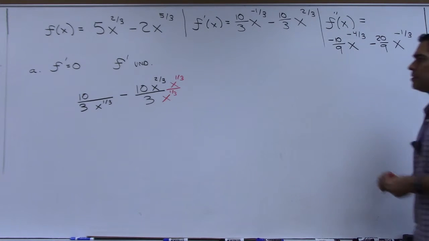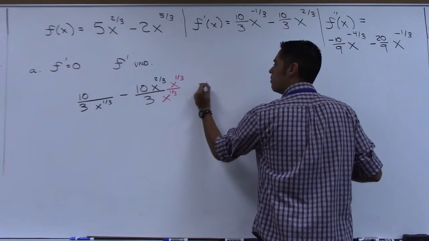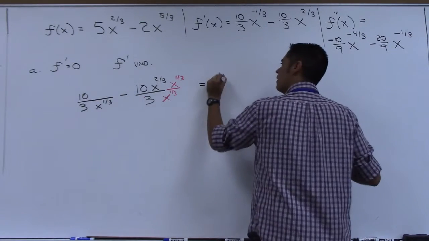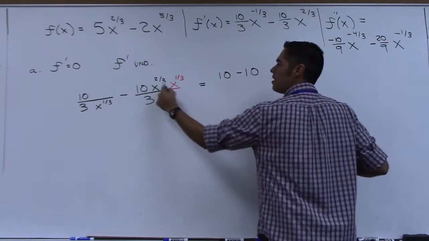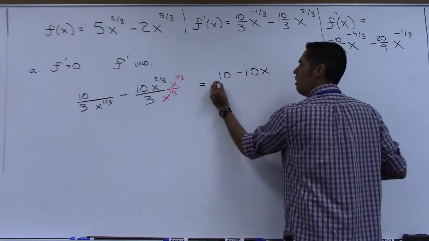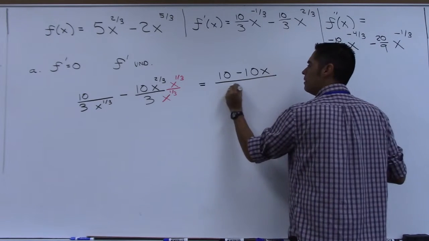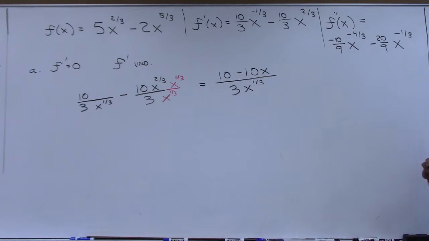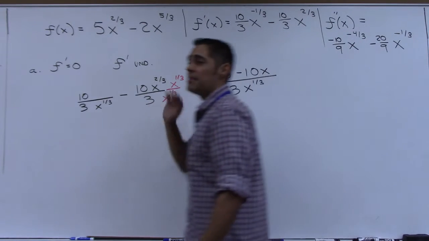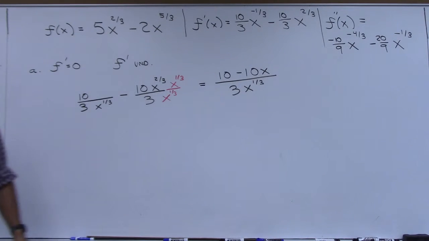So this becomes equal to 10 minus 10, and then this times this is just x, all over the common denominator, 3x to the 1/3. That's much cleaner, isn't it? I'd rather set that equal to 0 and find out where that's undefined than do anything else, right? Wouldn't you? Okay, so now let's actually set this to 0.